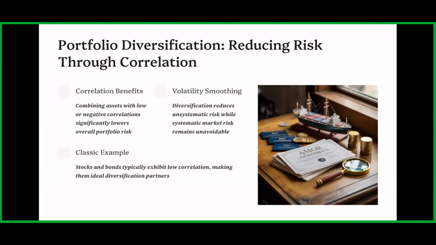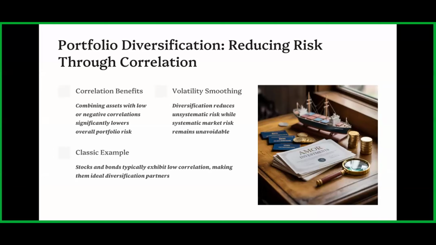First, you need to understand, guys, the difference between systematic and unsystematic risk. Unsystematic risk is the risk which we can avoid, and systematic risk is unavoidable, which we cannot avoid.